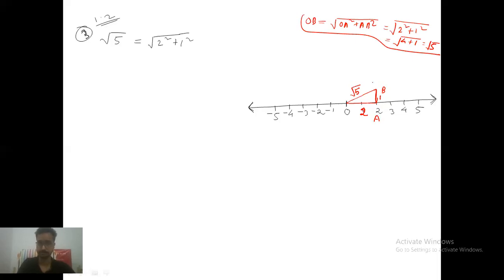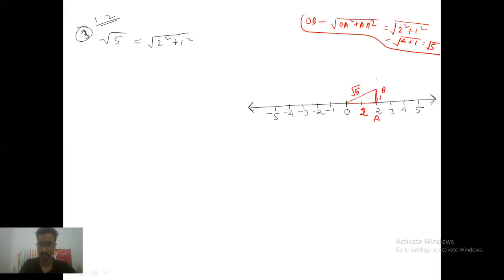Now see, again you have to draw with the help of your compass, taking center as O, an arc of radius OB. Yes or no? That means with the help of the center O, you have to draw an arc of radius OB.